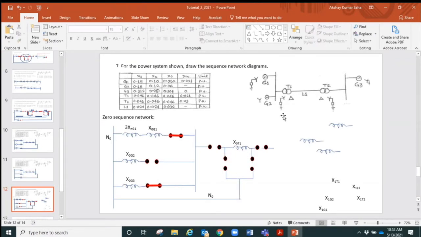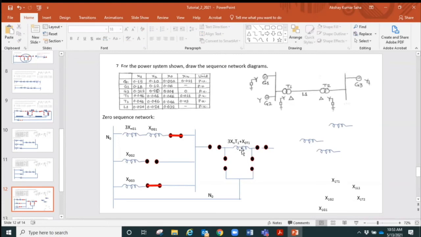We look at the connection, and what we find is that it also has impedance transformer 1. So what we need to do, X0 of T1, and along with that it will be 3 times Xn of T1, because it will be in series like this case, so we can show them as one reactance and represent it as a combination.